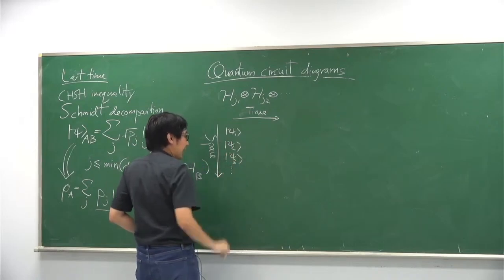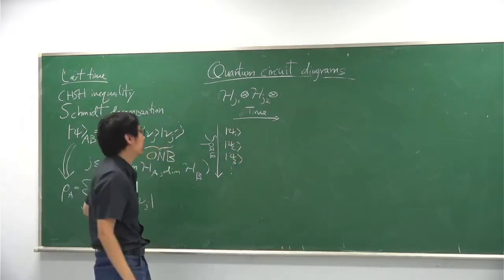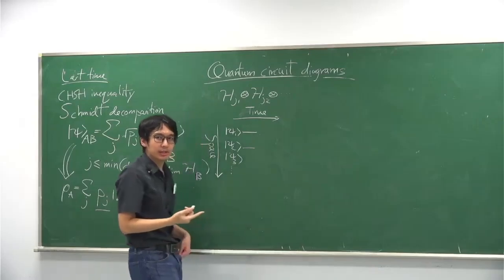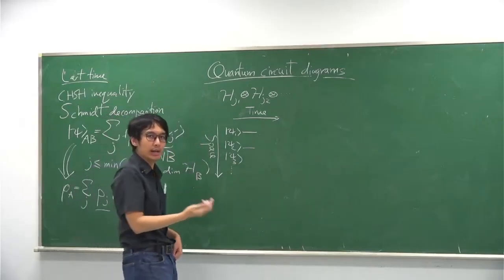For example, if I have 3 systems or more, then I can represent the time evolution of each, or the identity operation on each system, as a wire.